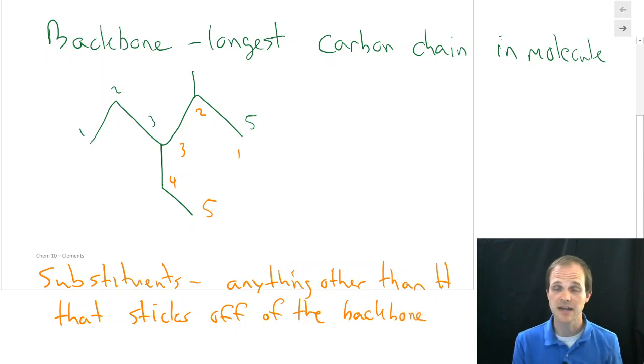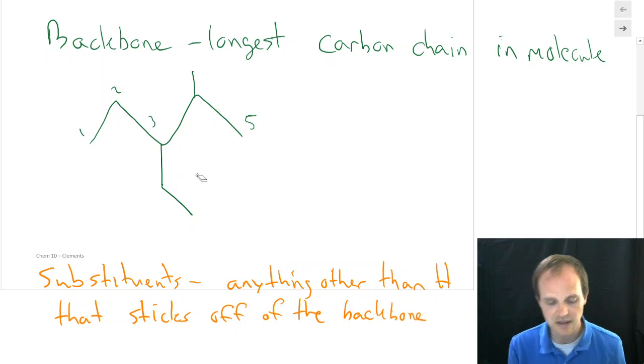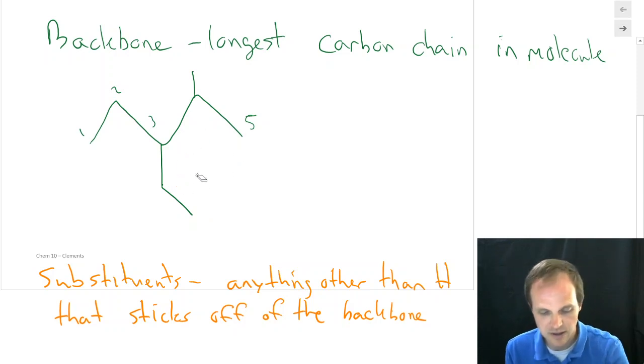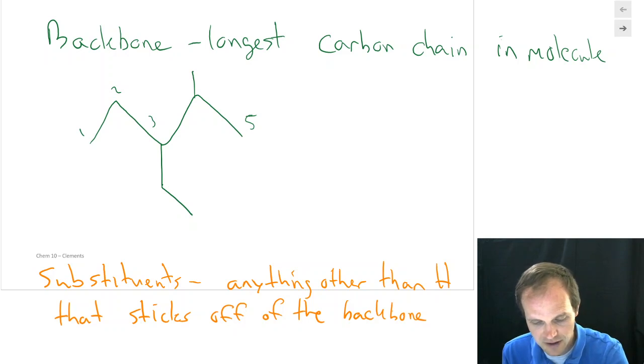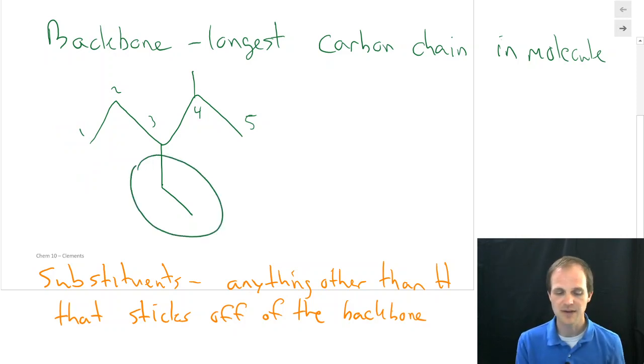So what do we mean anything other than hydrogen that sticks off the backbone? Let's say I decided that this green backbone that I had 1, 2, 3, 4, and 5 on was my backbone. We know on this number 1 that there's 3 hydrogens sitting off there because there's only 1 bond drawn. But those aren't substituents. Those are just the hydrogens that are part of our backbone. But right here, what do we have? We have on carbon number 3, something sticking off of carbon number 3 that's not hydrogen.